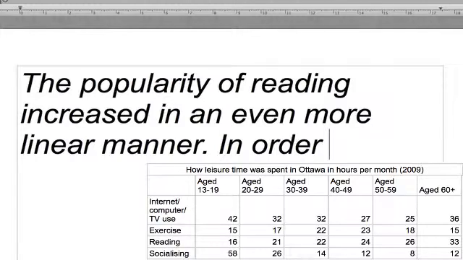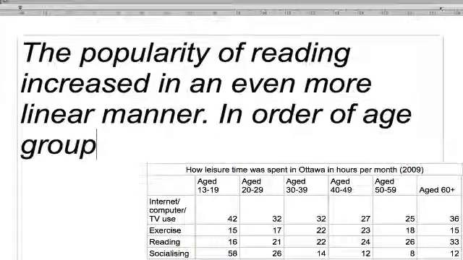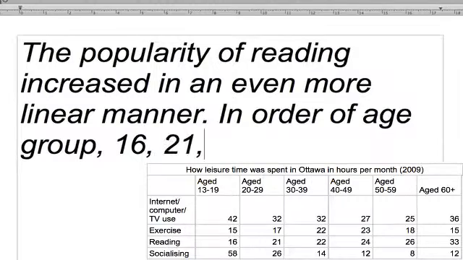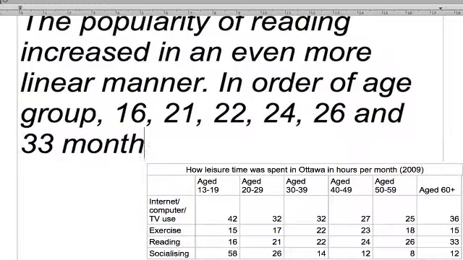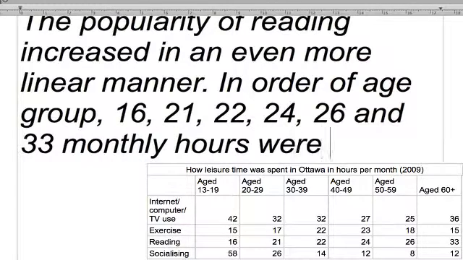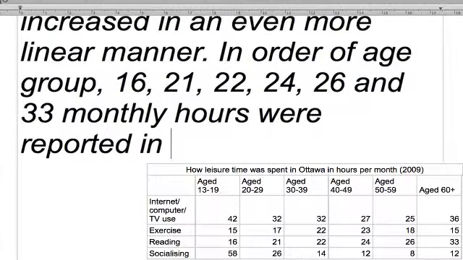In order of age group, let's just group them all together: 16, 21, 22, 24, 26, and the final value, 33 monthly hours were reported in 2009. Okay, it's a pretty easy one, very linear.